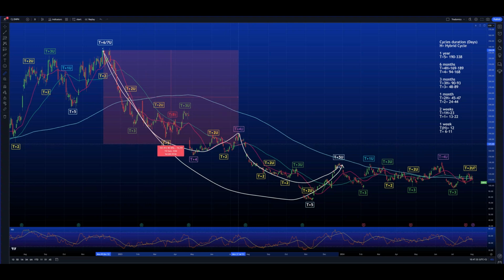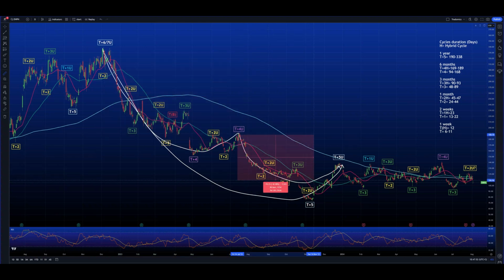So in this case, with the first T plus 4, we have 152 days, which is basically a duration that is between 94 and 168 days. And the second 6-month cycle has had a duration of 113 days.